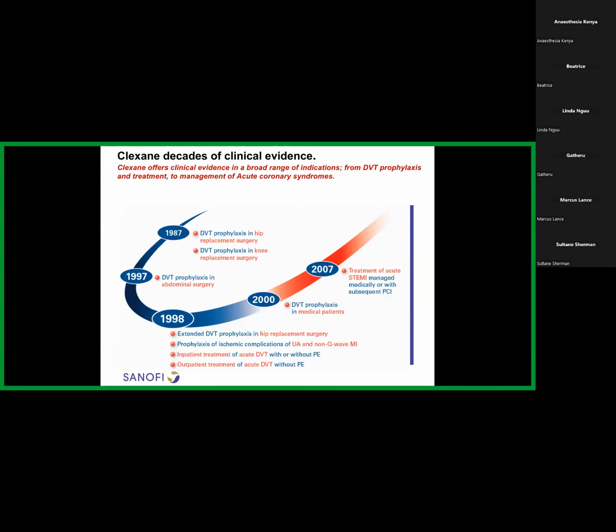This is also done for prophylaxis in medically ill patients in the hospital setup who might need prophylaxis or who are being treated for DVT. Clexane has been patented and licensed and has data that supports its efficacy and how it can be used in these indications.